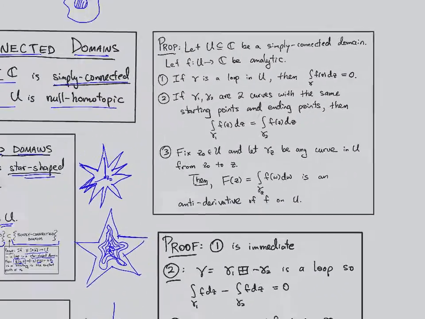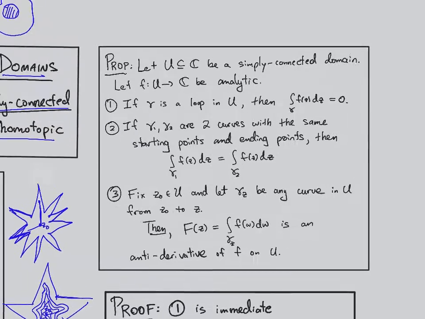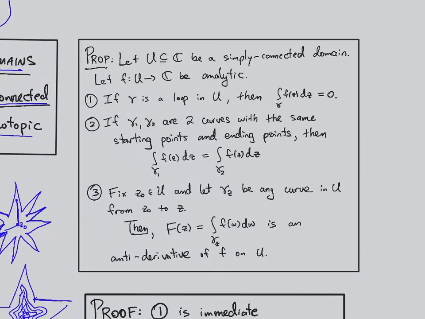Okay, and then here are some easy consequences you get for simply connected domains, assuming the theorem on homotopy invariance of line integrals for analytic functions. So let's assume we have a simply connected domain, and then we have an analytic function. Then for any loop in the domain, the integral of f over that loop, dz, equals 0.